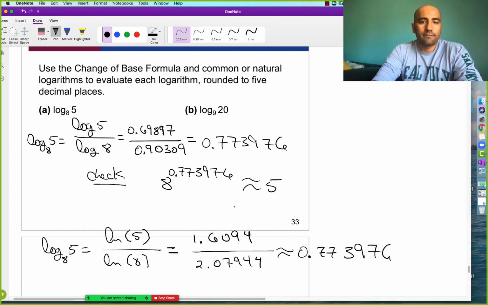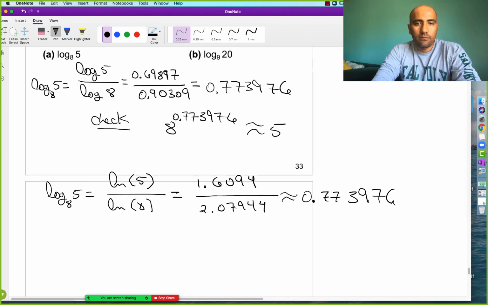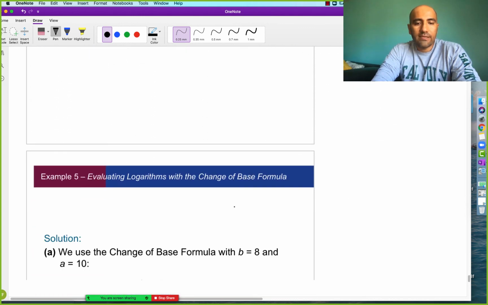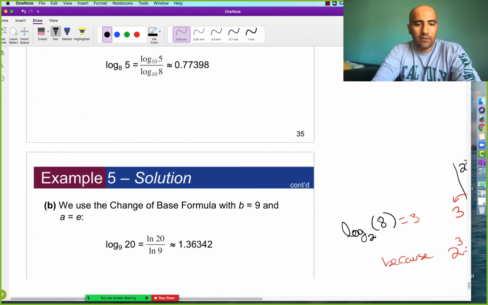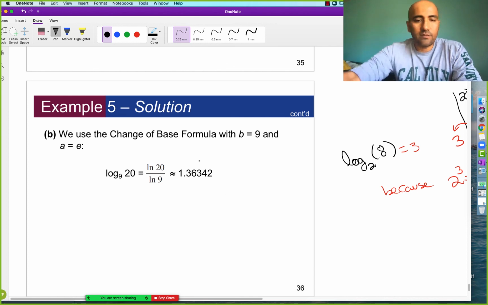Any questions? No? And so log base 9 of 20, let's just look at the answer to that one. Log base 9 of 20 is ln of 20 divided by ln of 9. We can just use our calculator, divide these two, and we get approximately this decimal. Try it on your own. And that must be true.